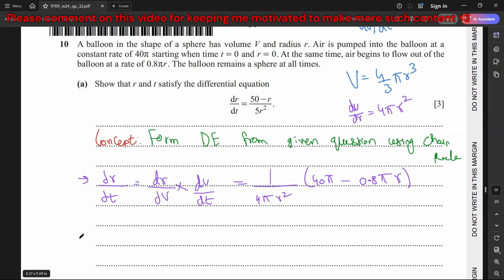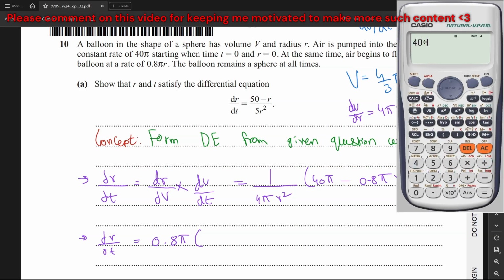So for dr dt, I can take pi as a common factor, and along with that I can take 0.8 as a common factor as well, because for the r we don't have any 0.8. So I'll take 0.8 pi as a common factor from the top. What is 40 by 0.8? Let me check. 40 by 0.8 is going to be 50.